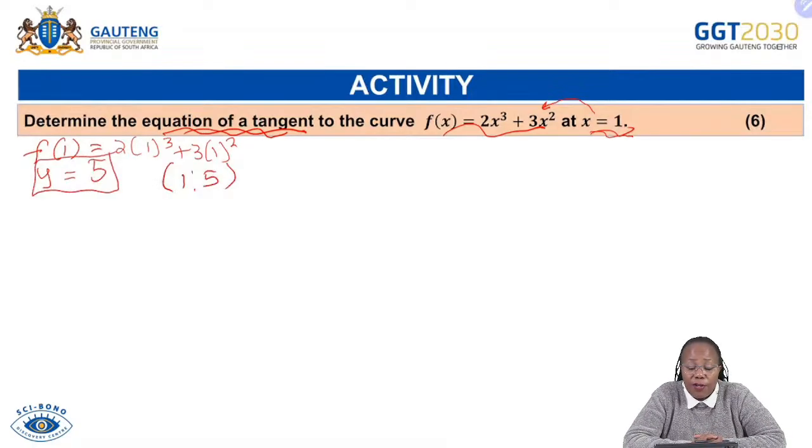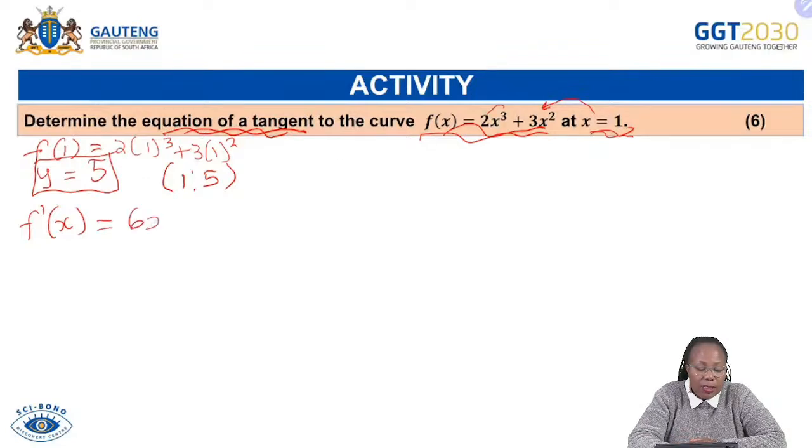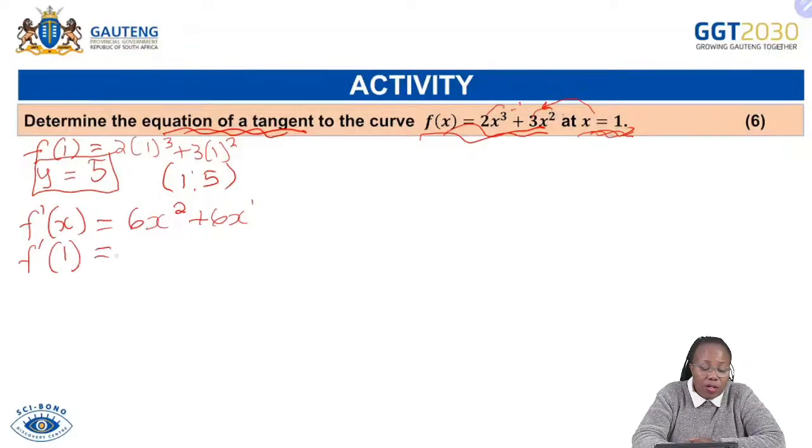And then for the gradient, you are going to differentiate. So it's f derivative of x to find the gradient of a tangent. 3 times 2, it's 6x, subtract 1 from the exponent to the power 2. And then 2 times 3, it's 6x, subtract 1 from the exponent to the power 1. And then we are looking at x equals 1, the derivative at the point of contact where x is equal to 1.